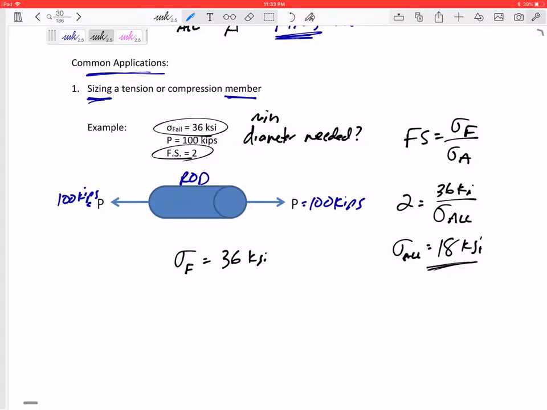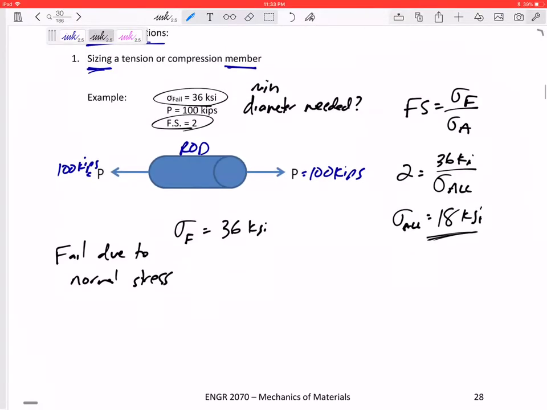So this is going to fail due to normal stress, or I'm going to make sure that it doesn't fail due to normal stress. All right, so sigma allowable is N over A. 18 ksi is an N of 100 kips.